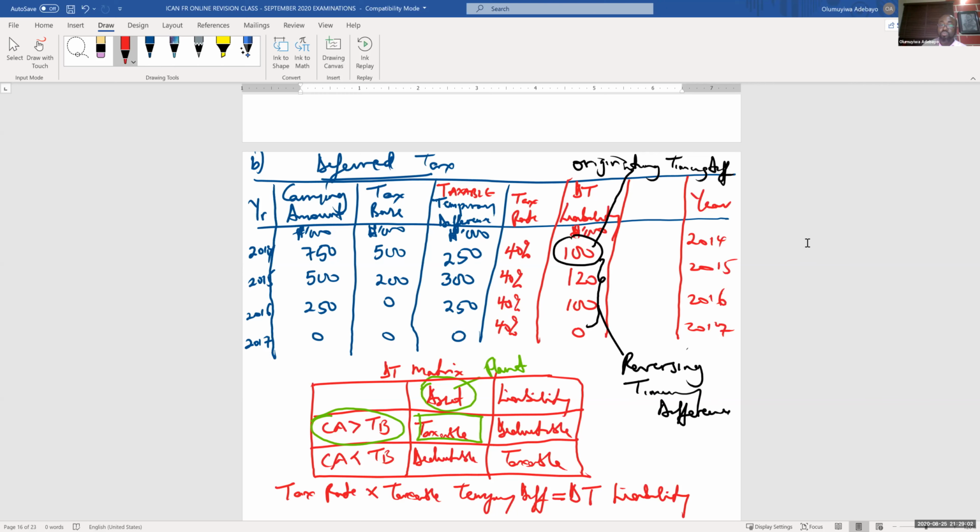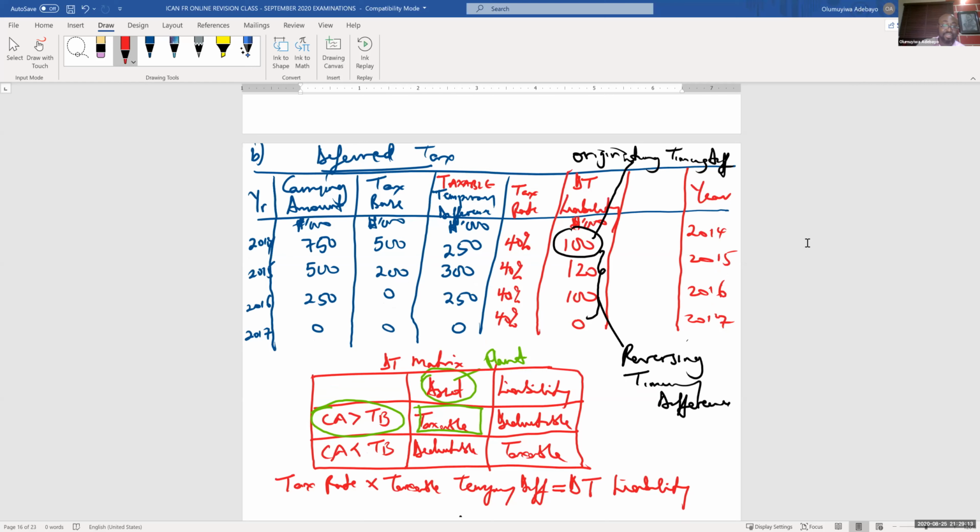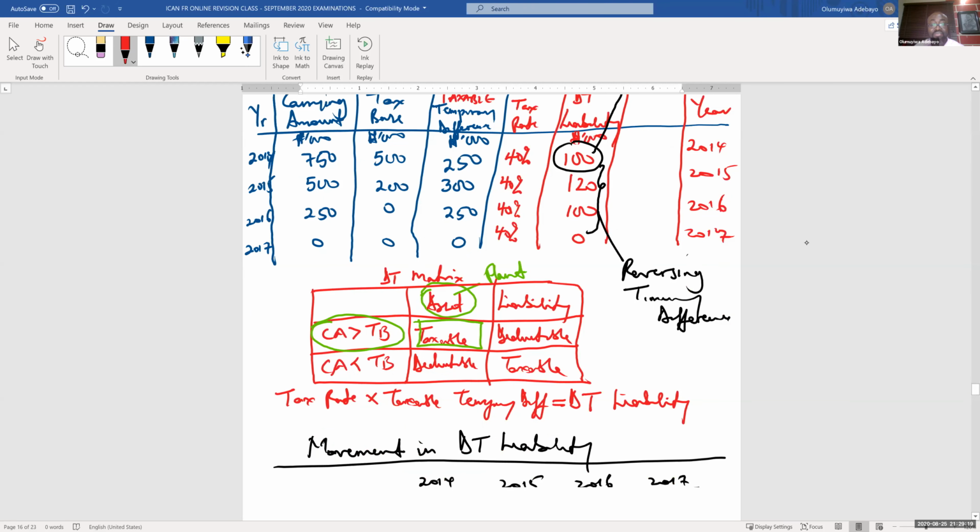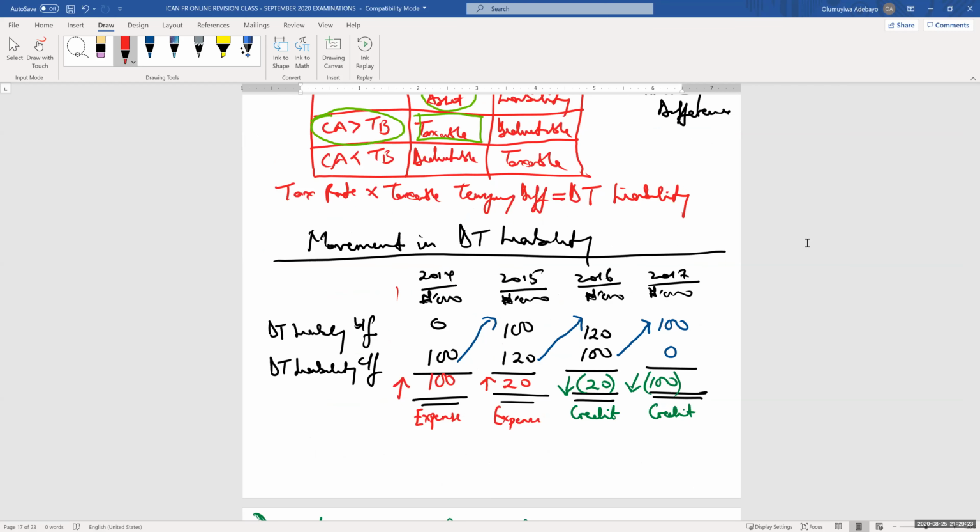Now, I'll show you a shortcut to something. This deferred tax expense and income we derived here, you can equally summarize in this table without going far.